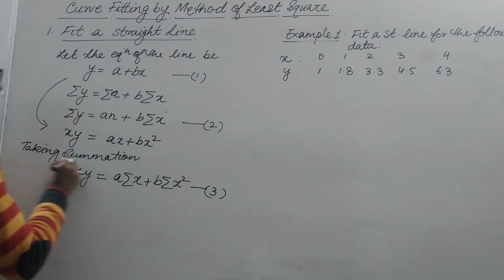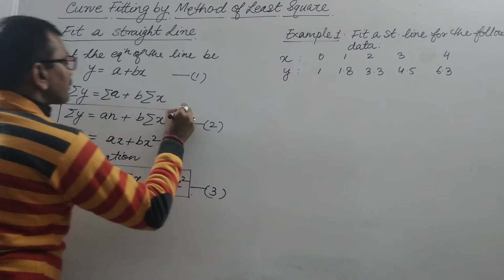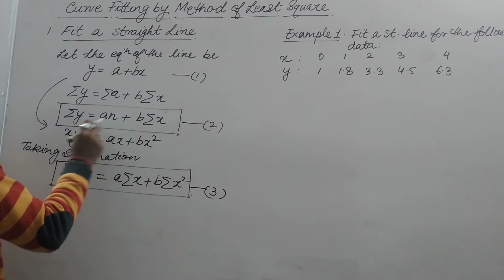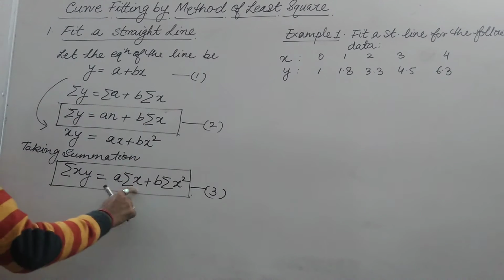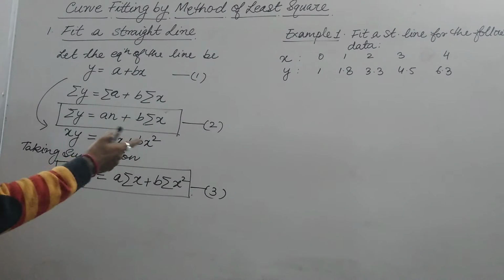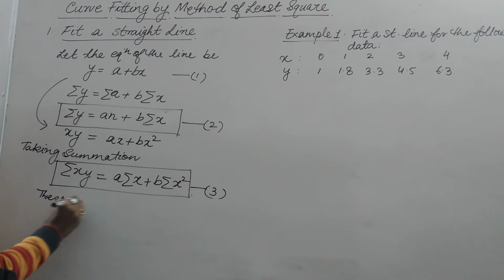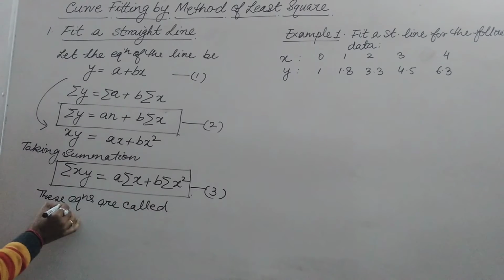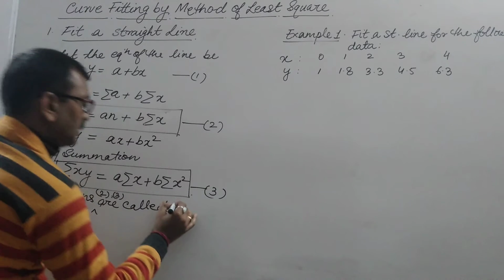These two equations, equations 2 and 3, are called normal equations.